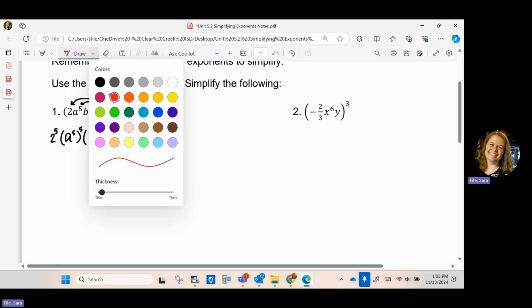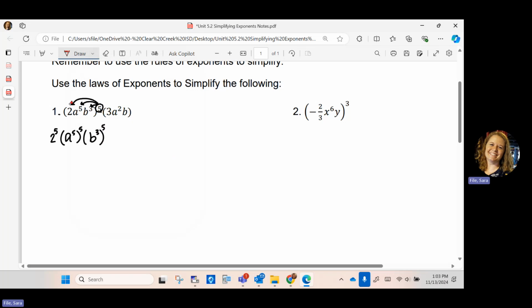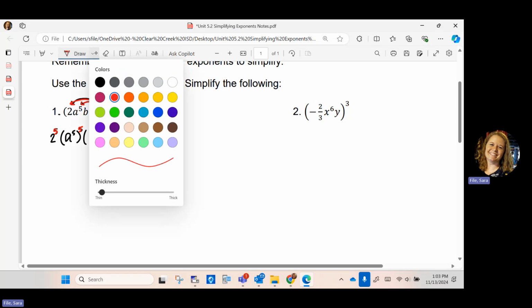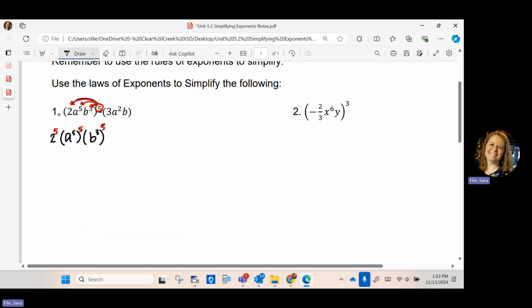Okay, so I distributed that power of 5 to all 3 of these here. Now I'm going to simplify that a little bit. We said in one of our rules in 5.1, when you raise a power to a power like this or like this, you multiply those exponents.